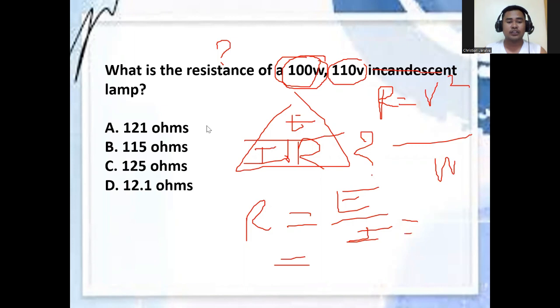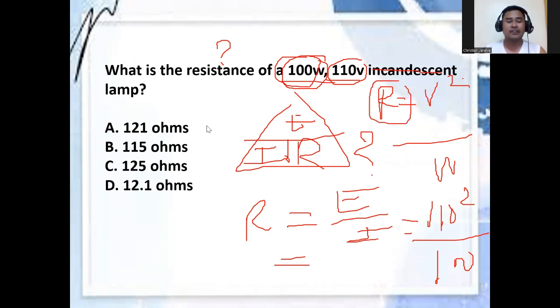That will still give you the answer of resistance. Therefore, it becomes 110 squared divided by 100. What's the answer here? Given that you have voltage, power supply, and you have the wattage or the power, you have to look for the resistance.